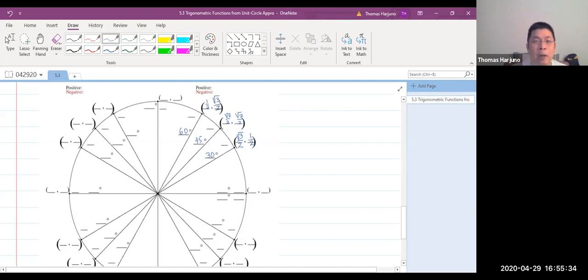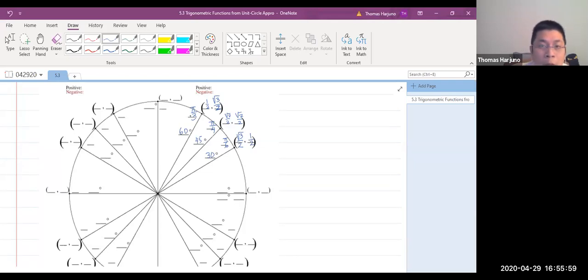By the way, the radian measure for 30 degrees is pi over 6, for 45 degrees is pi over 4, and for 60 degrees is pi over 3. I told you to memorize this on Monday, so I assume you memorized that also.